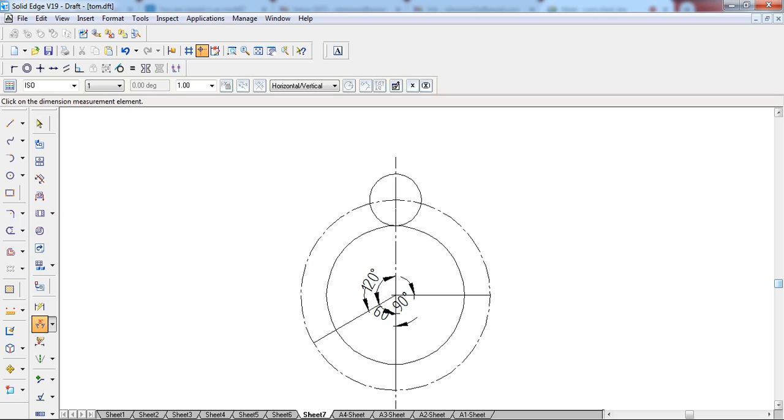Next I will divide this 120 degree again into 6 equal parts and the 90 degree also into 6 equal parts. So each will be 20 degree and 15 degrees respectively.